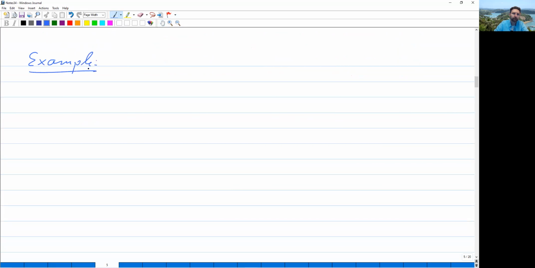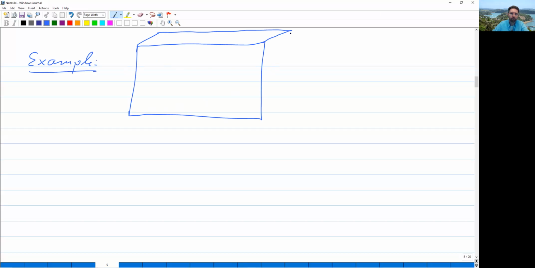Example. Let's set this example up very carefully. Let's say we have a box. And in this box, we have, let's say, helium gas, filled with helium gas.